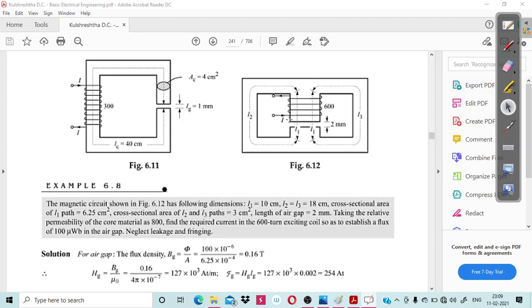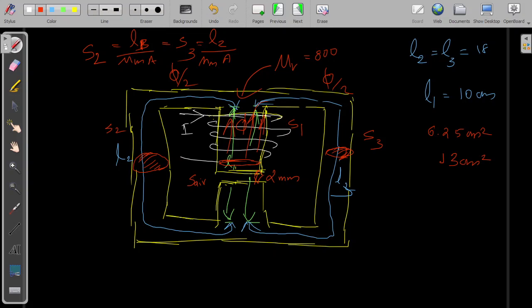Not at the center. Actually, it is at the bottom portion, and the reluctance offered by the bottom portion of the central limb can be neglected.